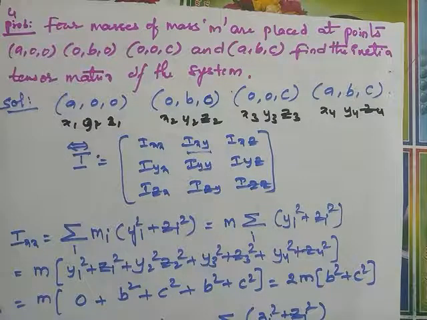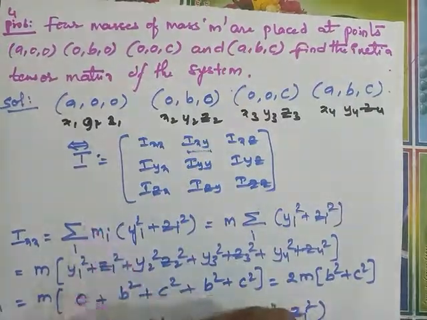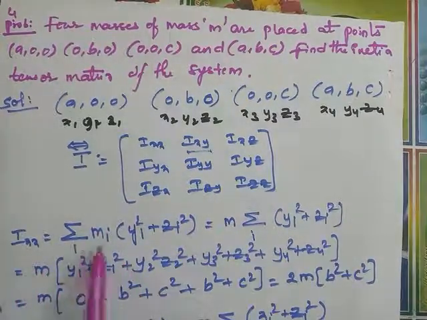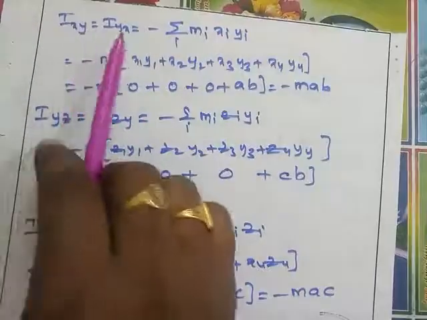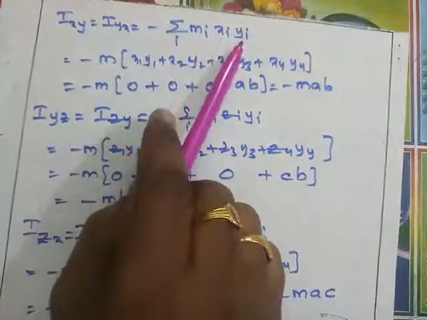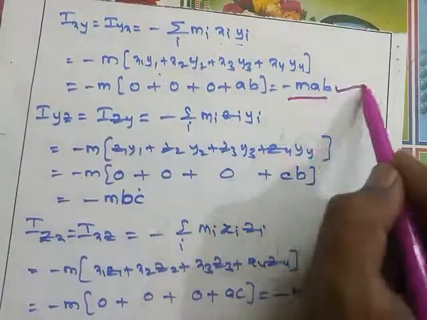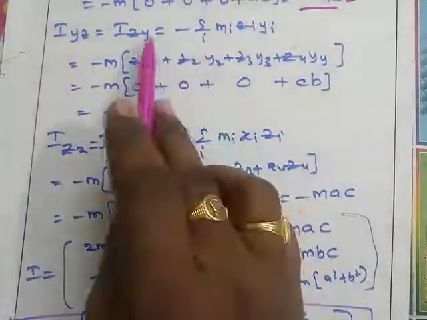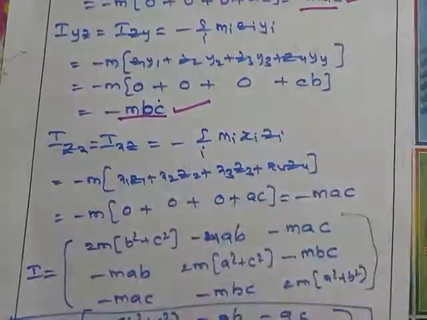So this is the problem. How can we solve it? We solve all these 9 components using the inertia formulas. Ixx can be written as summation mi yi square plus zi square, and similarly Iyy and Izz. For Ixy and Iyx we use minus summation mi xi yi, expand this function, substitute all the values, and we get this. Similarly for Iyz the formula is minus summation mi zi yi, here is the formula and here is the answer.